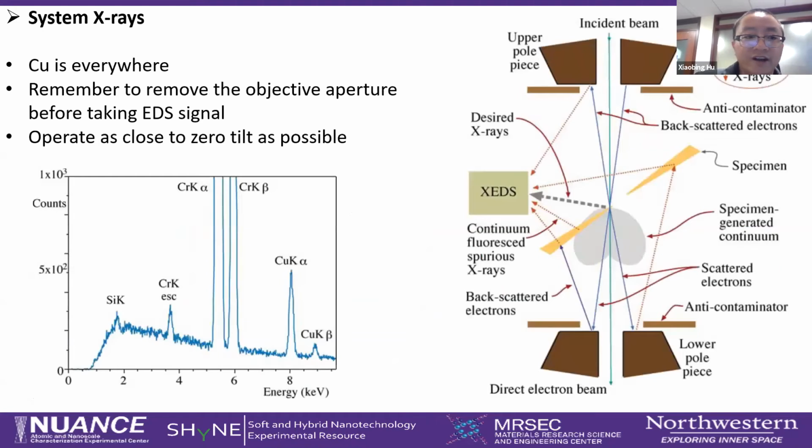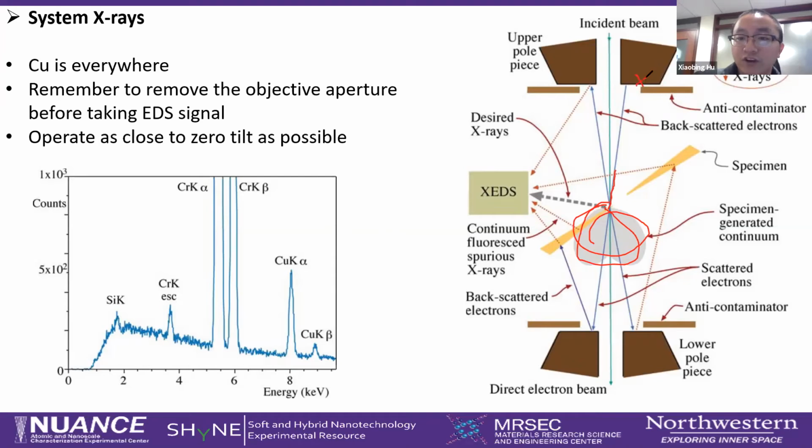And another is system peaks. Many users, when they do EDS, will find that even if their sample does not contain copper, they will see copper in the EDS. This is normal because copper is everywhere. We call this the system peak. For example, this is your sample, with the interaction between the electron beam and your sample, and the X-ray will interact with the lens.